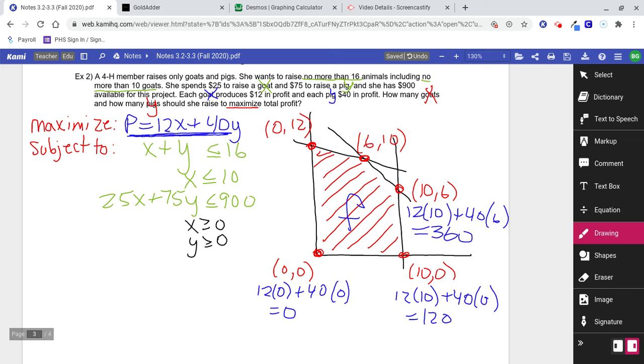Use a calculator for that if you want to. I've already done it ahead of time. 12 times 6 plus 40 times 10 is 472.